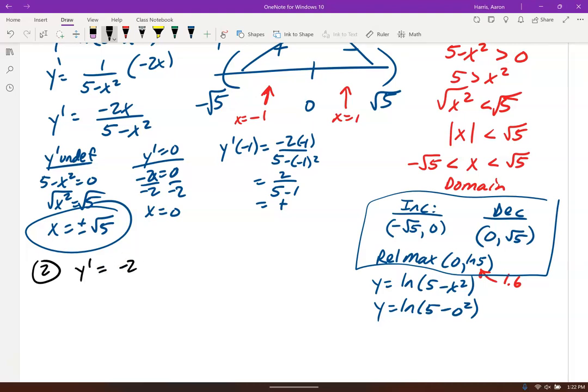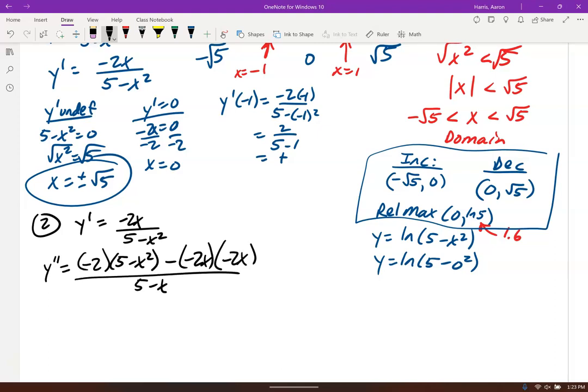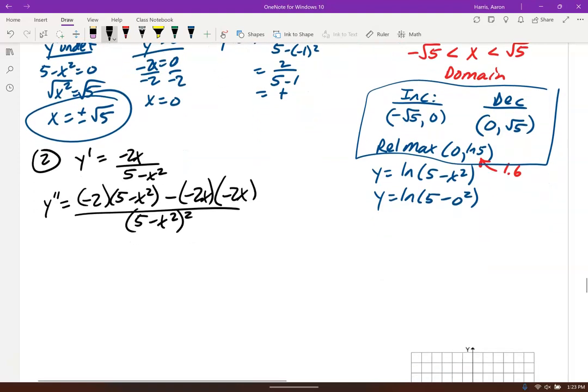So here's our y prime. I got negative 2x over 5 minus x squared. Let's take our quotient rule then. So the second derivative would be derivative of the top times the bottom minus the top times derivative of the bottom, which is negative 2x, all over bottom squared. And so we got negative 10 plus 2x squared minus 4x squared.